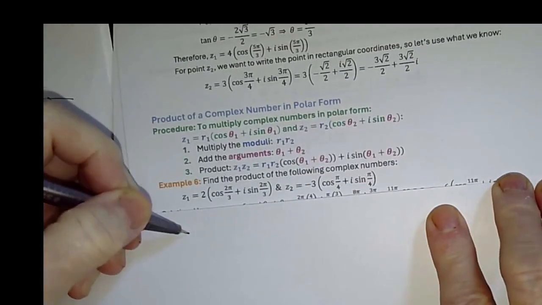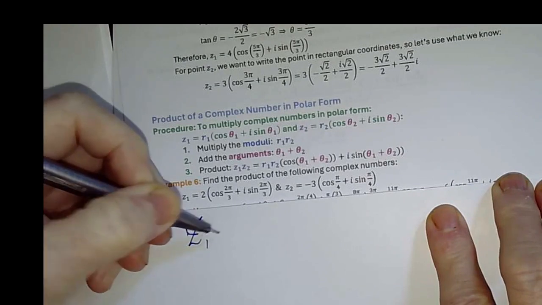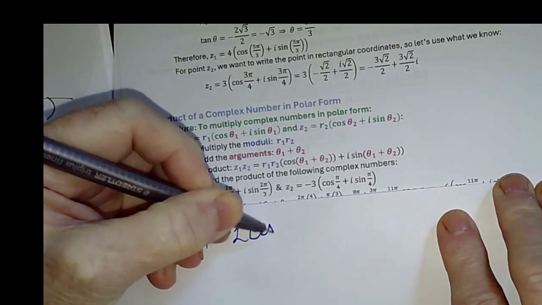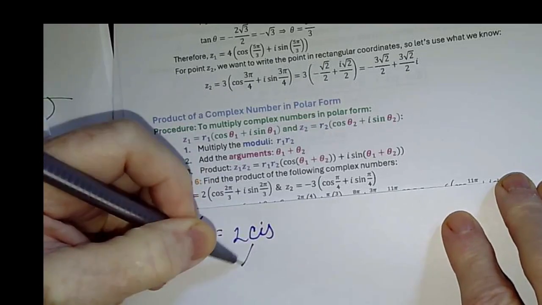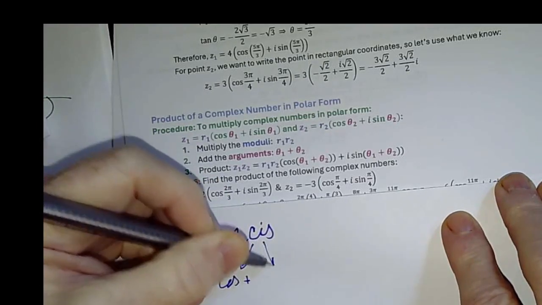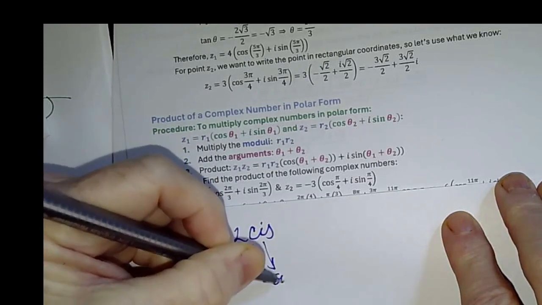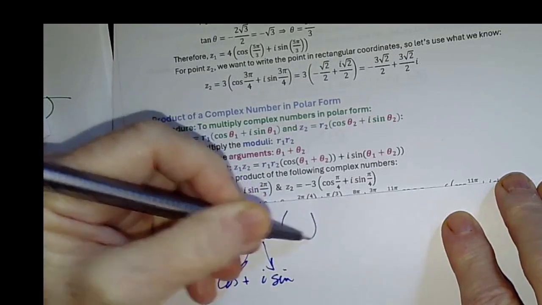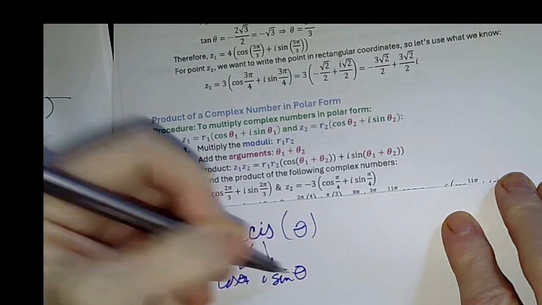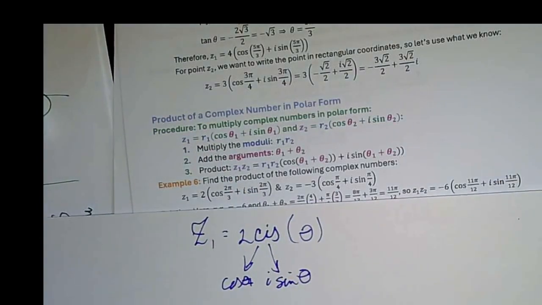So we've got z1 is 2, and remember, cis is cosine plus i sine, and the angle that's filled in goes for both. So I'm going to use this notation.